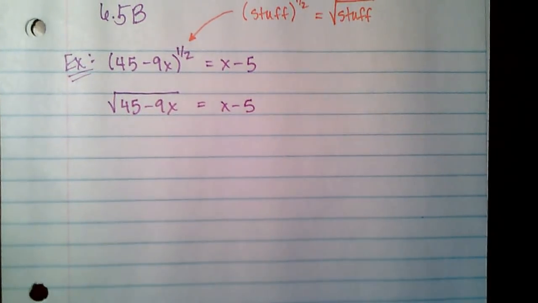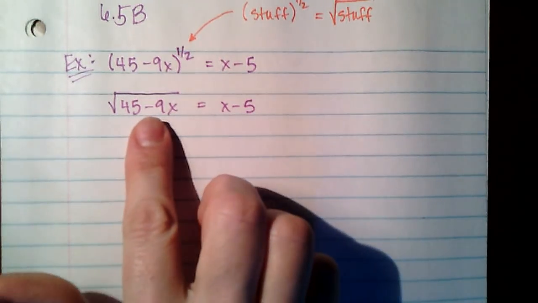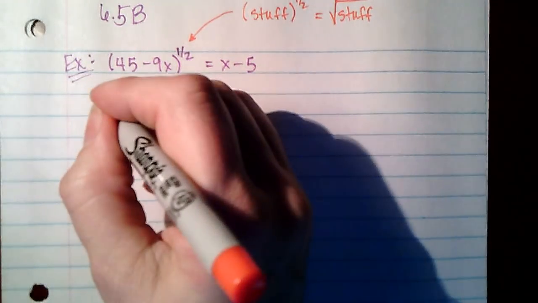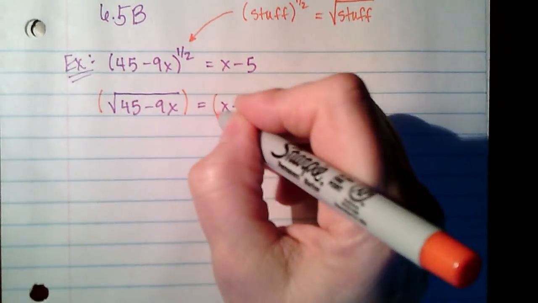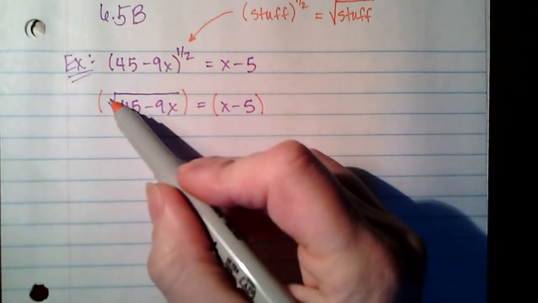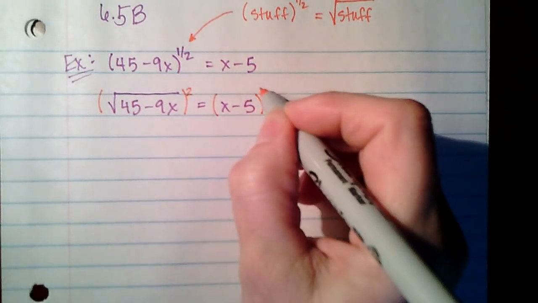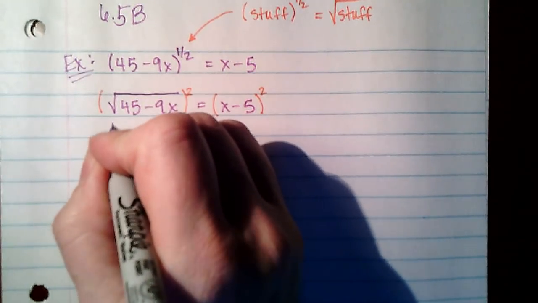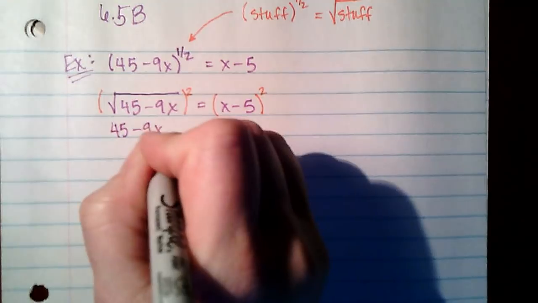And now it looks familiar, like what we've had before. So we're going to follow those same steps. Isolate the radical. That means get the radical by itself on one side, which we've already done. And then we're going to raise both sides to the power of the index, which is a 2. On the left side, that gives me 45 minus 9x.